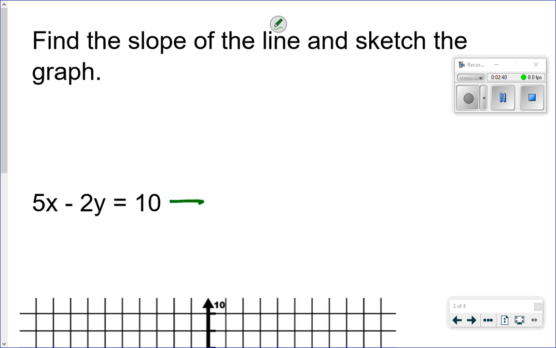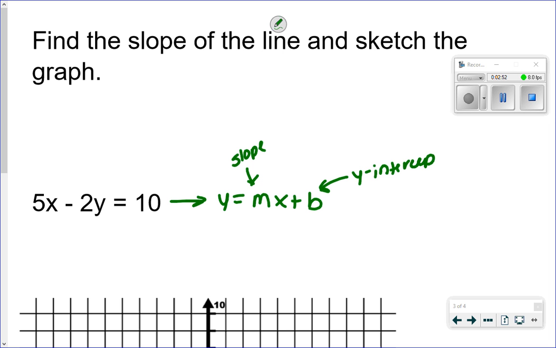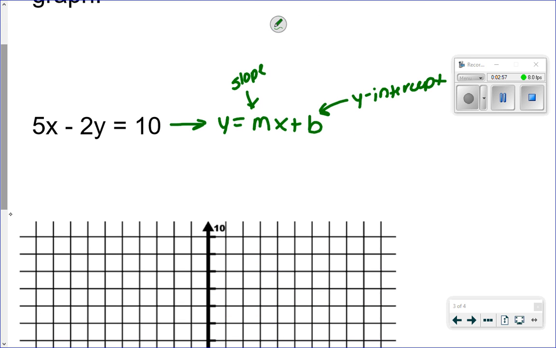So I need to put this into y equals mx plus b. The m value is my slope. The b value is my y-intercept. So you're going to want to write that down. Those are important notes. And then I'm just going to apply it to this example.